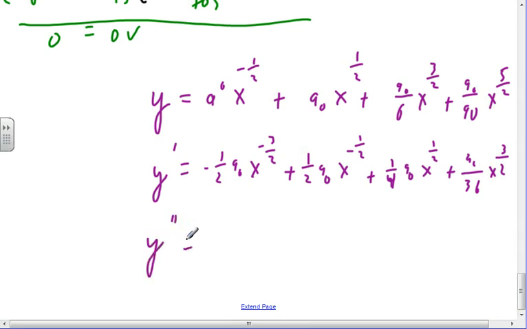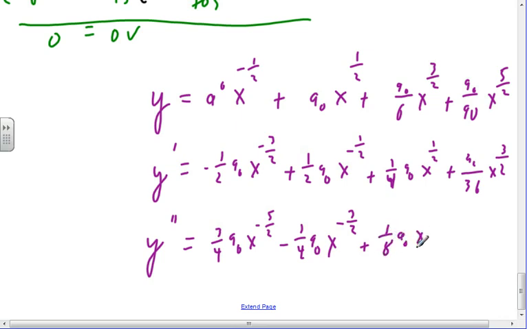Y double prime is going to be 3 over 4 a0 x to the minus 5/2 minus 1/4 a0 x to the minus 3/2 plus 1/8 a0 x to the minus 1/2 plus, 3 goes into there 12 times, 2 is 24, a0 over 24 x to the 1/2.